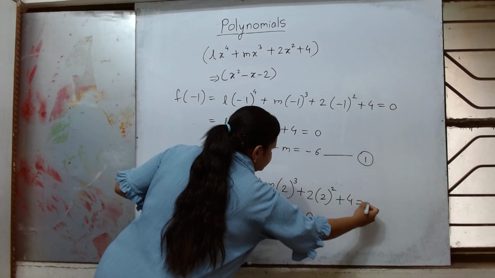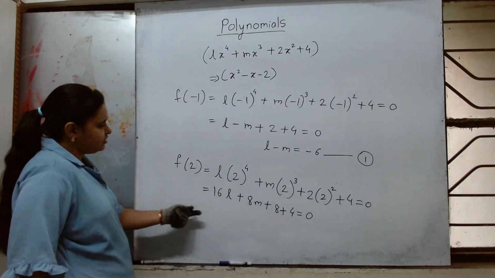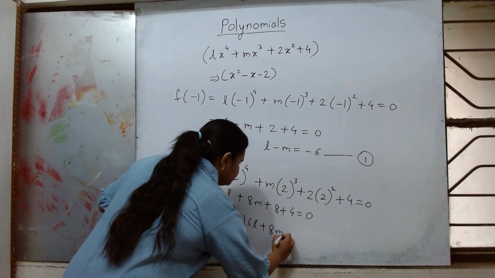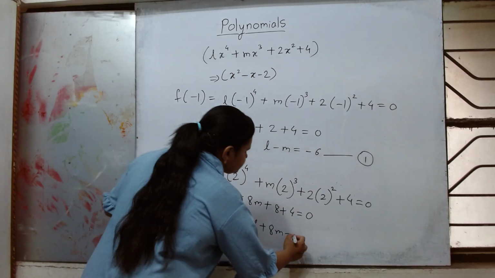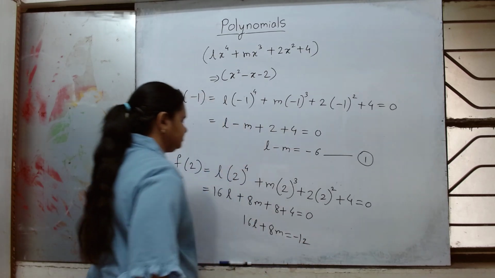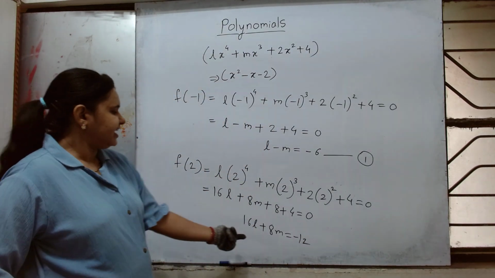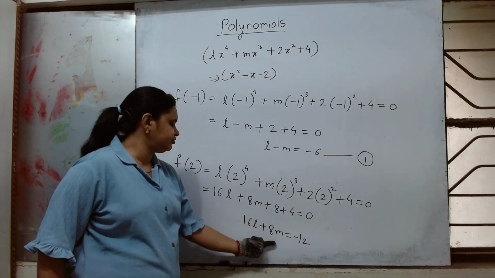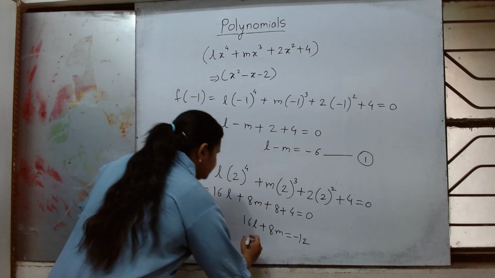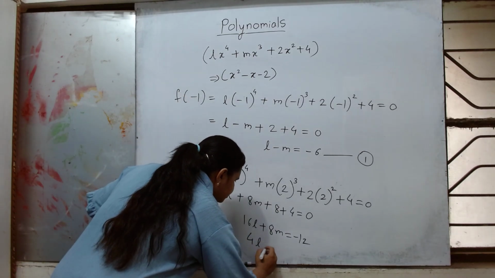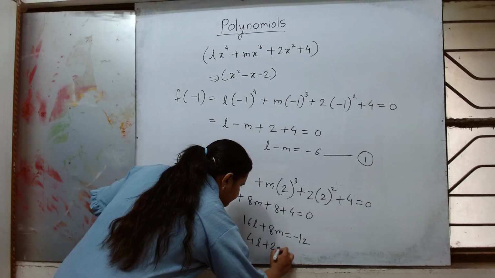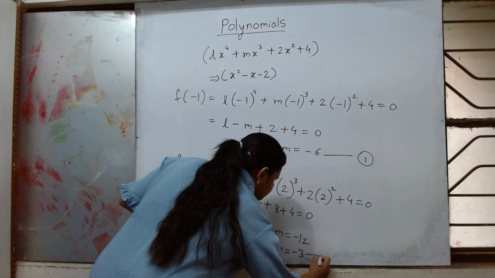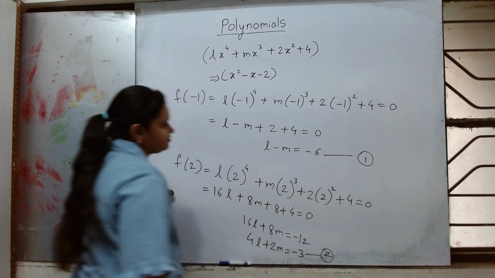It is also equal to 0 by the remainder theorem. So 16L plus 8m will be equal to minus 12. For easy calculations, we can divide the whole equation by 4. If we divide the whole equation by 4, we get 4L plus 2m equals minus 3. It will be our equation 2.